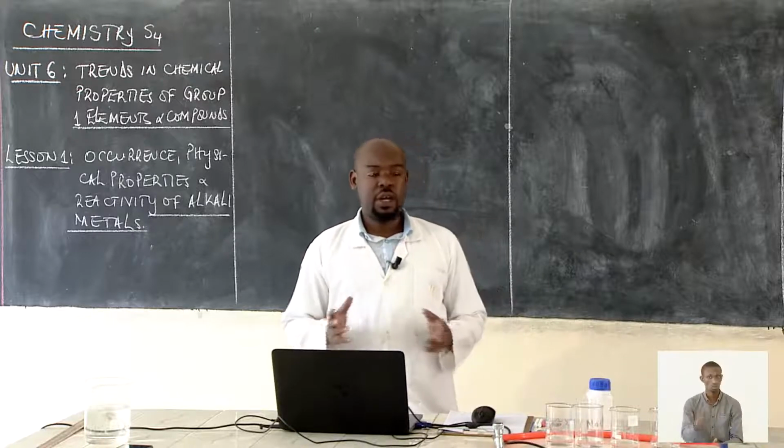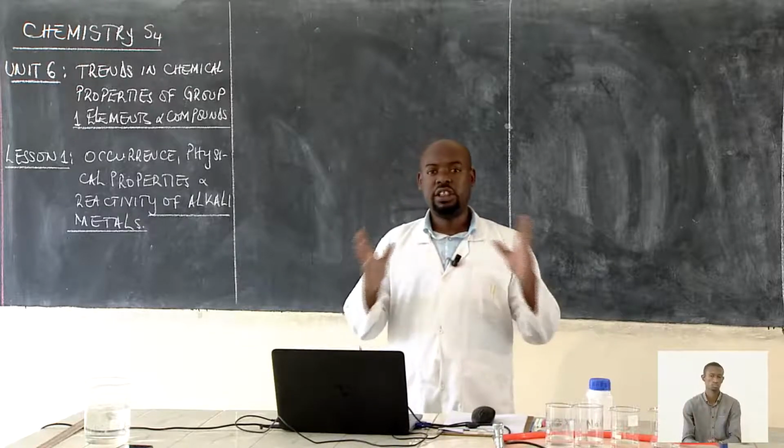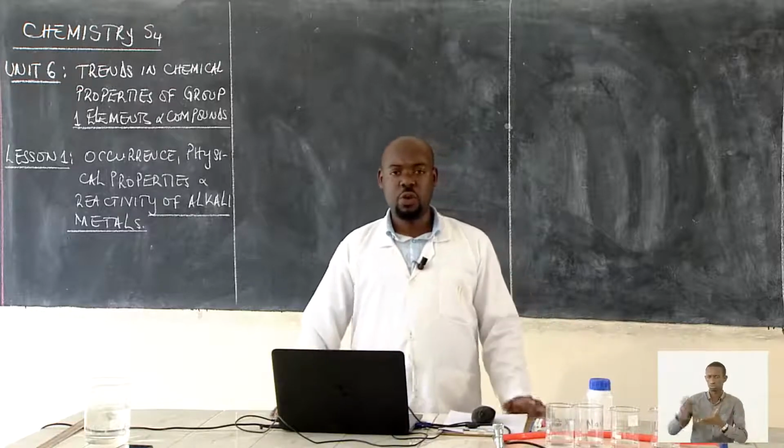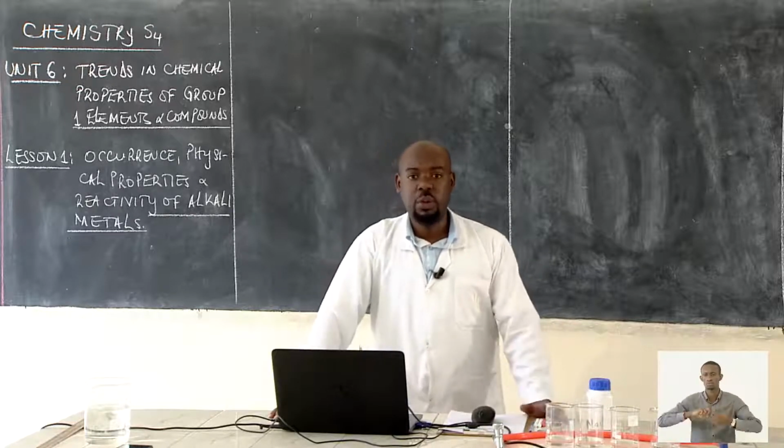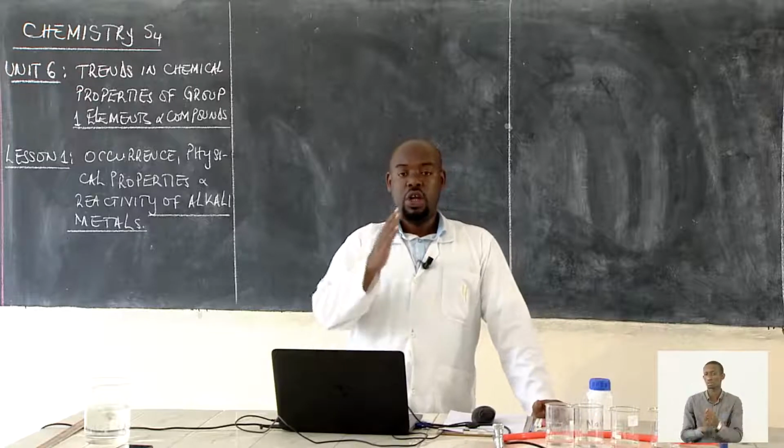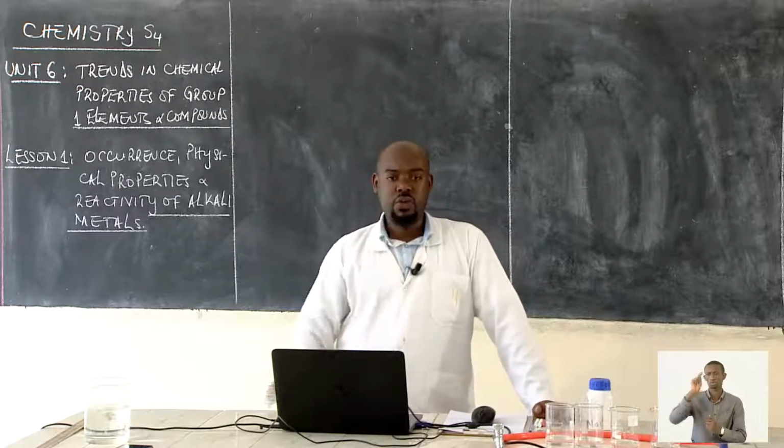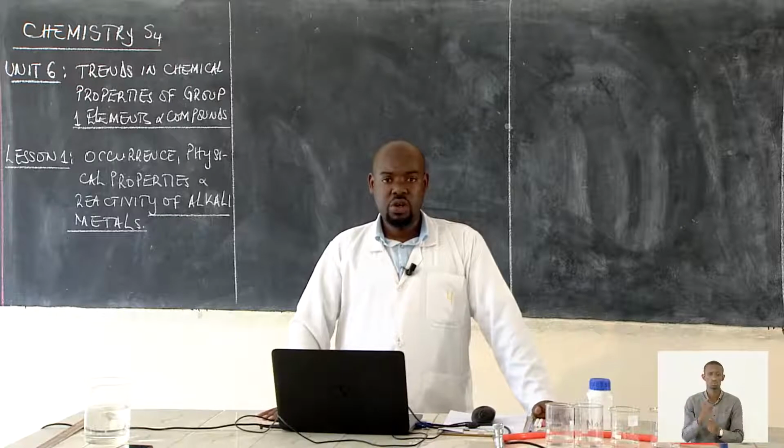As you know, we have been discussing the variation of physical properties in the periodic table, but we know that we have different groups of elements in the periodic table.